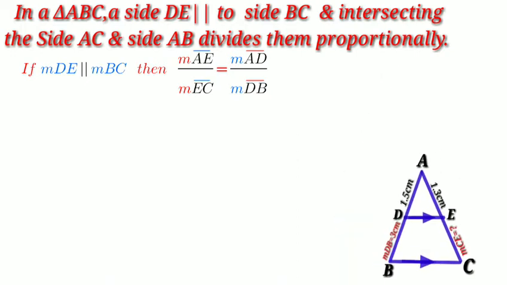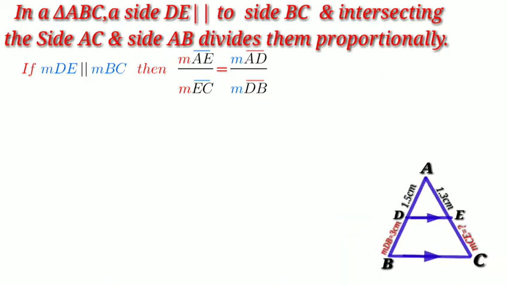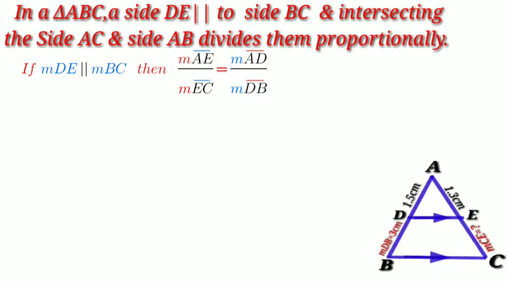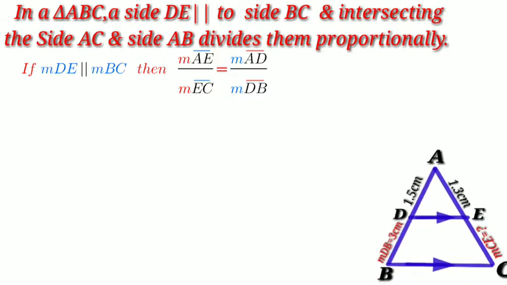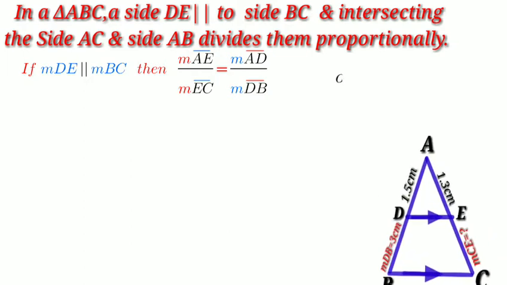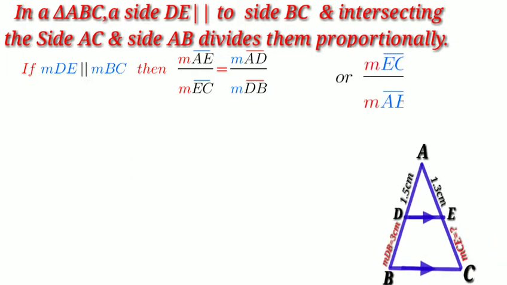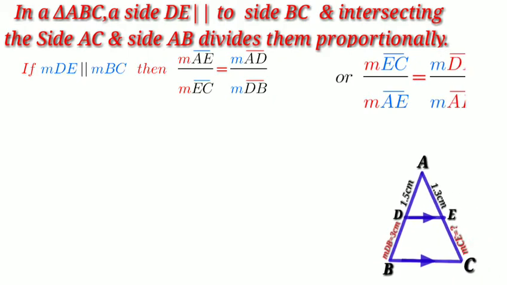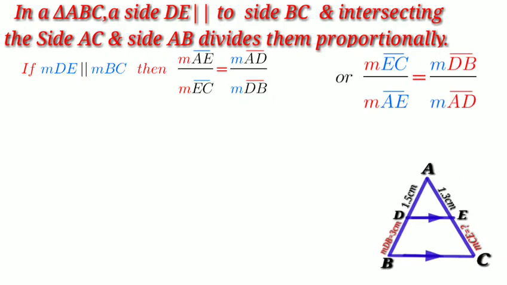We can also write the proportionality in reciprocal form. So side EC ratio side AE is equal to the side DB ratio side AD.